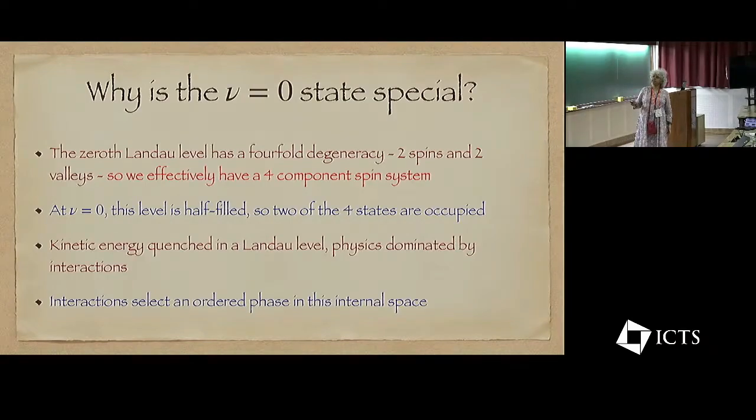So essentially it's like a 4-component spin system. Exactly at nu equals 0, 2 out of these 4 states are filled, so you can have many possible ground states. There is no kinetic energy, so the kinetic energy is quenched, and the physics in the 0th Landau level is selected only by interactions.